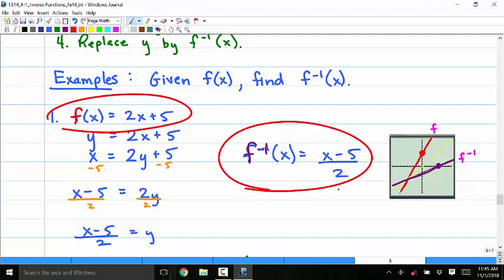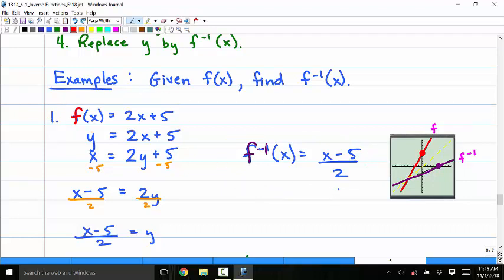Under y2, you're going to type that. Okay, this point is the point 0, 5 on f. This point on f inverse is the point, what'd you say? 5, 0. That's true for any points on f and f inverse. If you have x, y on f, you're going to have y, x on f inverse.